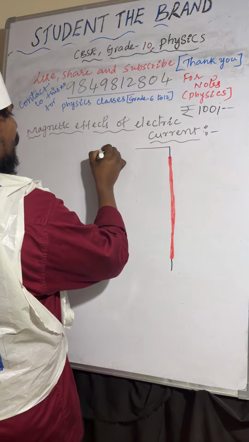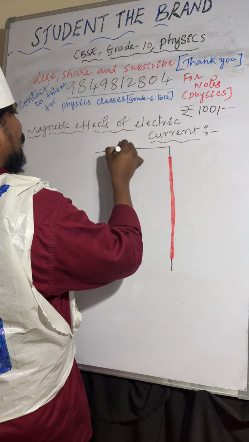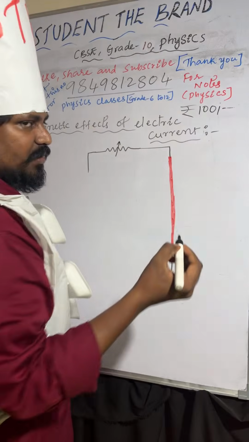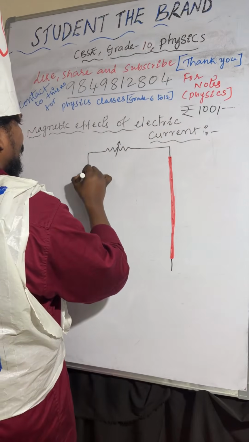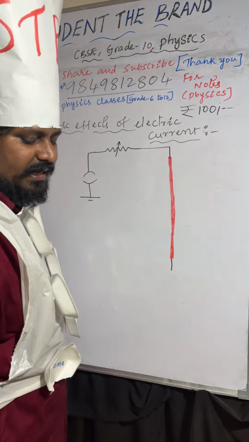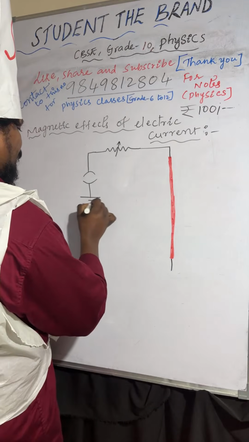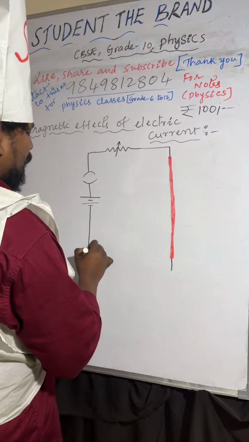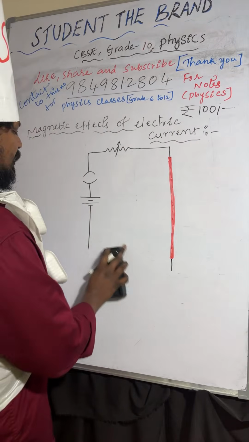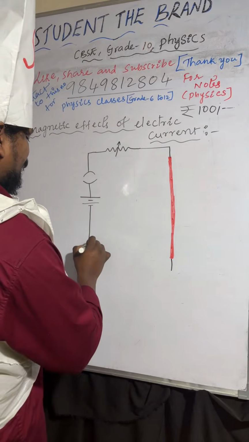Here we can take a rheostat, variable resistance, and here a switch and battery, so current is passing through it. With the variable resistance, the current will change accordingly. I'm connecting like this.